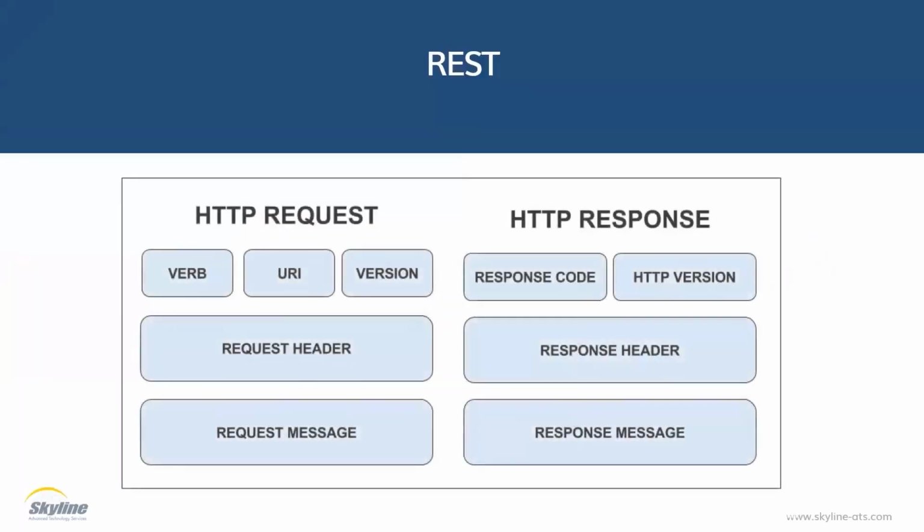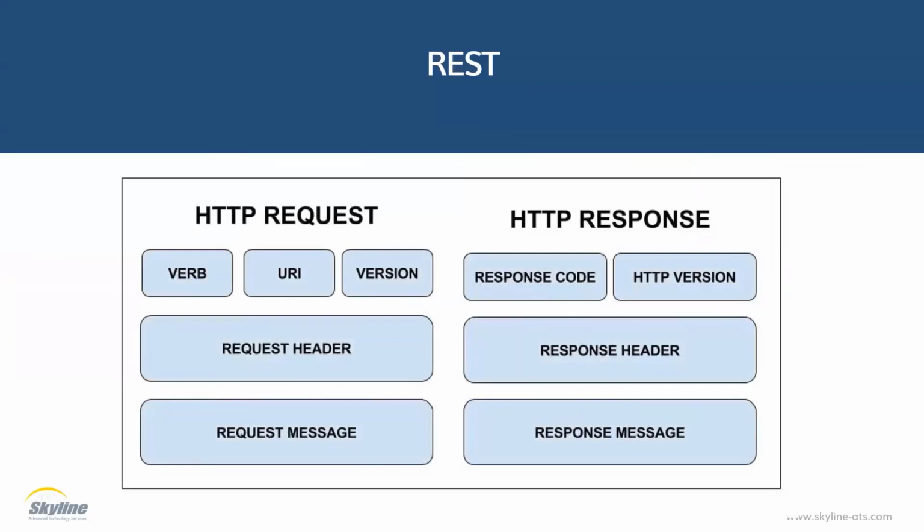Now, how does REST work? Well, it works on what's known as a request response. In the request, you'll have the verb, which we also call a method. You'll have the URI, which is the location of the resource that we're either getting or changing.